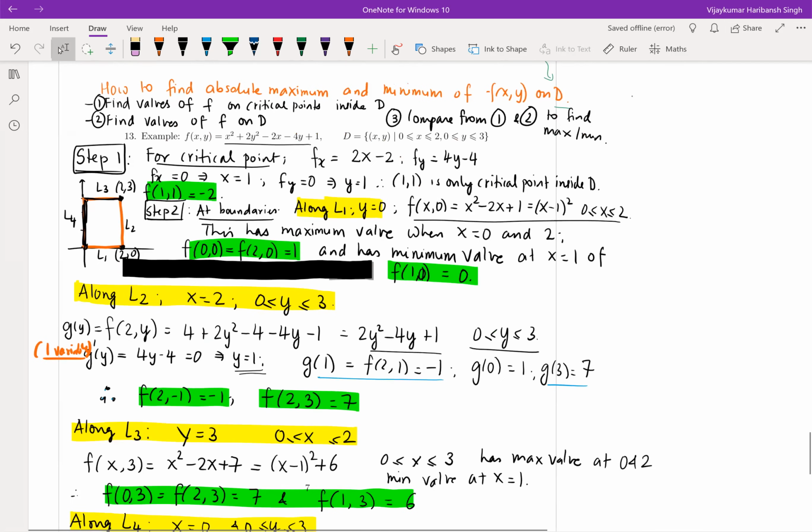So now let's look at the other example. Namely, we had the following.